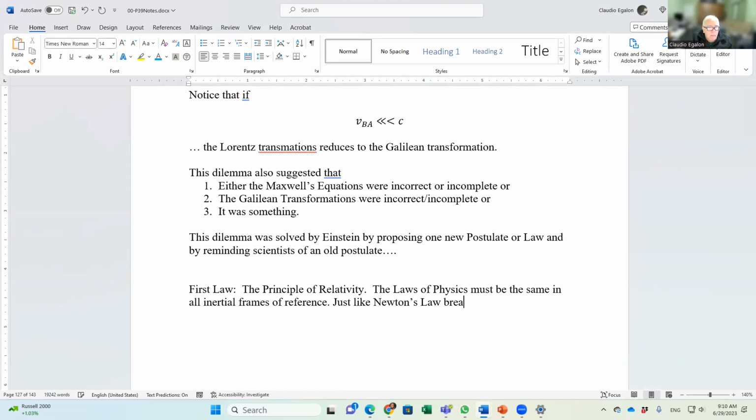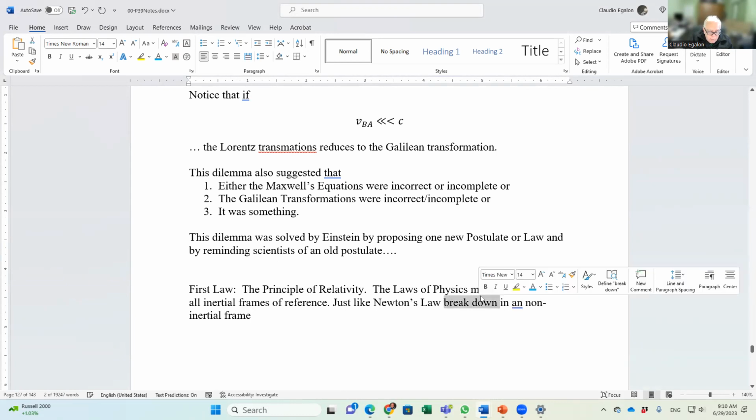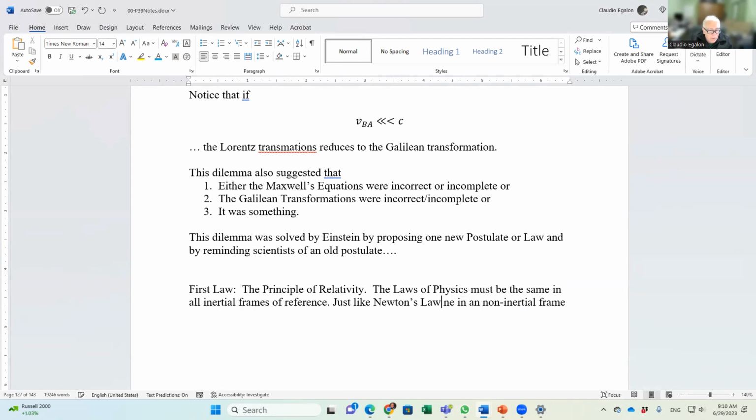Newton's laws break down in a non-inertial frame. They don't really break down, they need an adjustment in a non-inertial frame of reference.